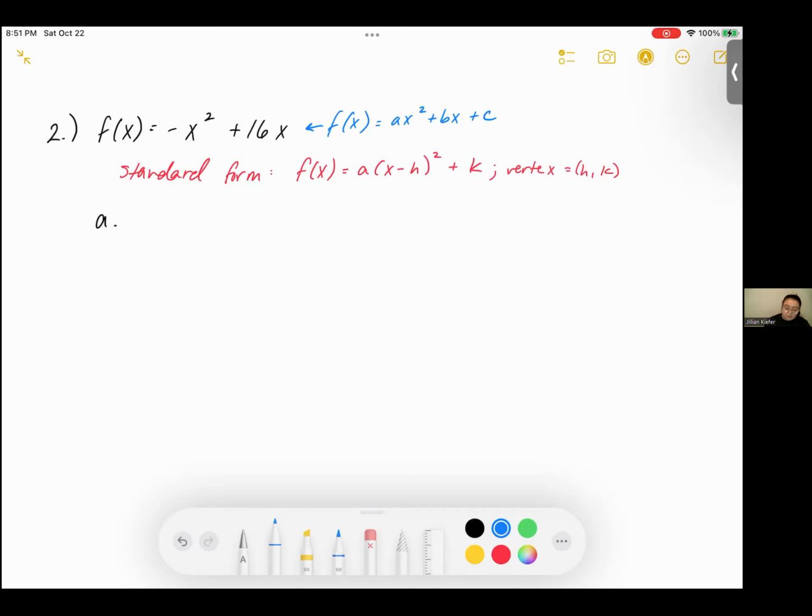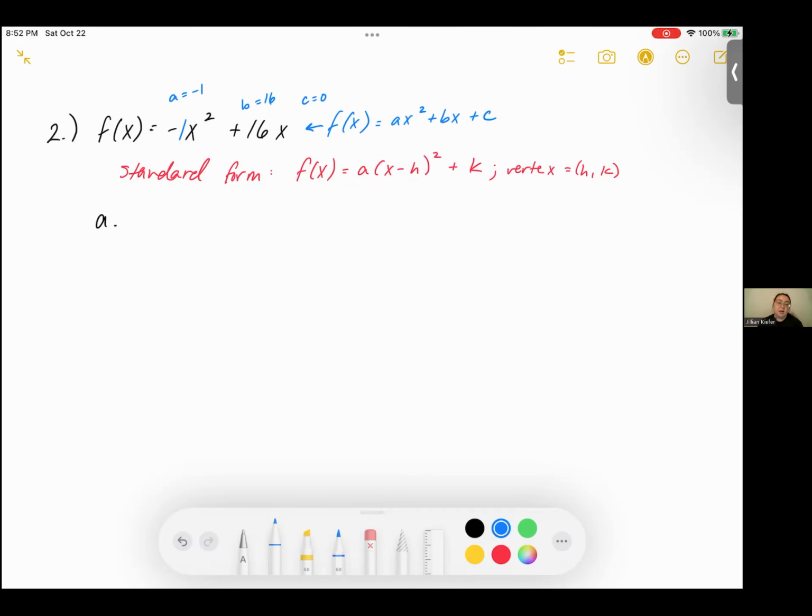So a, in this case, since there's no number there, is technically a 1. So a would be negative 1. b would be 16, and we don't have a value of c, which essentially just means that c is 0.